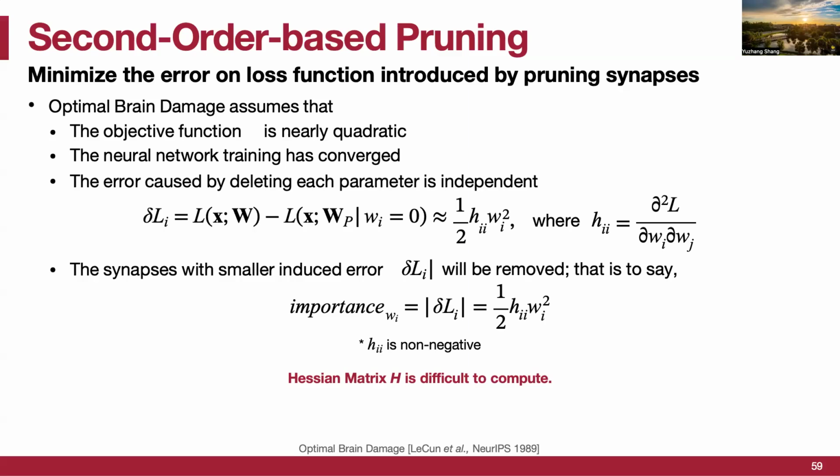Basically, the synapses with smaller pruning-induced error can be removed, so we can define the importance of each element using this Hessian matrix, right?